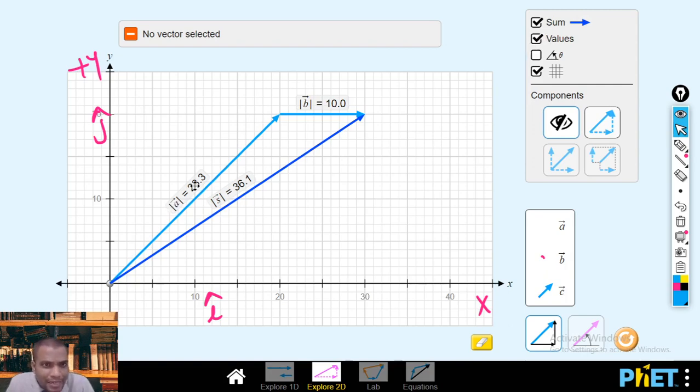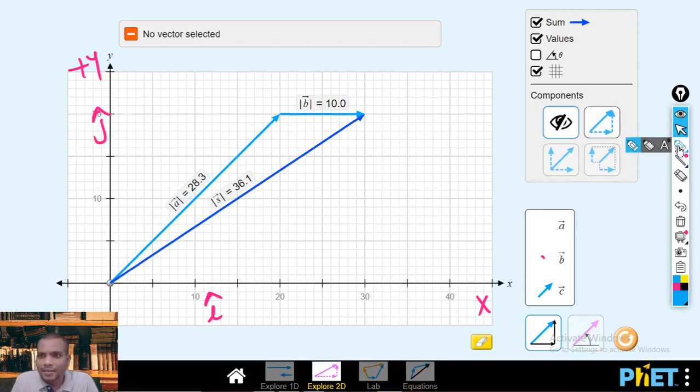So the a vector magnitude is 28.3 and the b vector is exactly 10. On the scale you can see from 20 up to 30, so its magnitude equals 10. It's the only magnitude, that's why it's represented as a bar. And the resultant vector, the dark blue vector, the sum, is also showing its magnitude. How can a vector's magnitude be found?